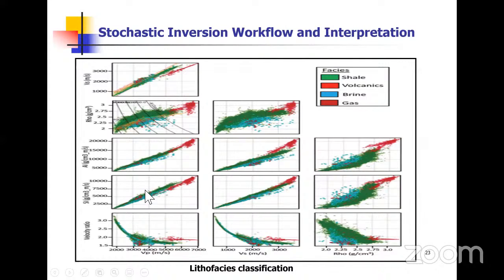You're going to have different clusters. At times, those clusters are not going to be very separated. That's another thing we need to look at, and that's the beauty of seismic inversion. But if I filter these different subtle clusters, they will correspond to these different facies I have here. I have the shale in green, the volcanic in light green, the brine in blue, and the gas in dark red.